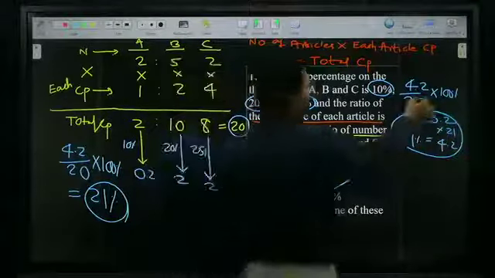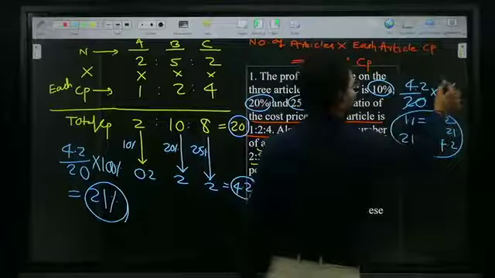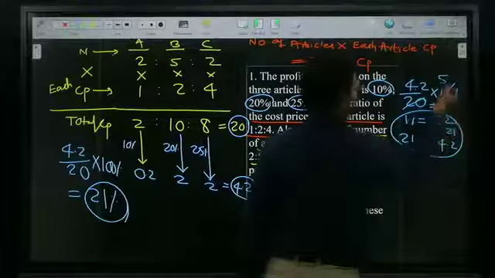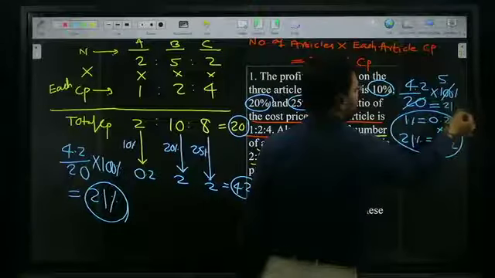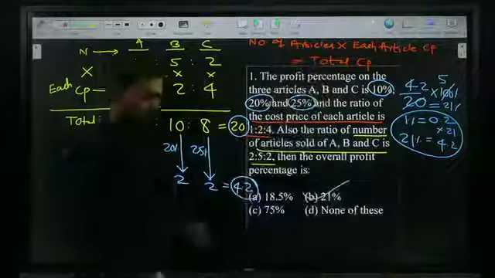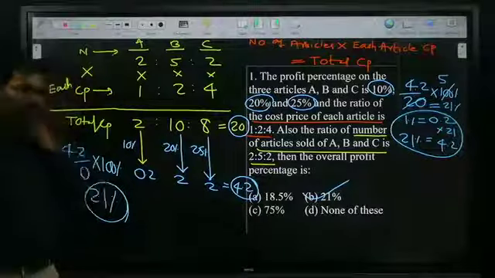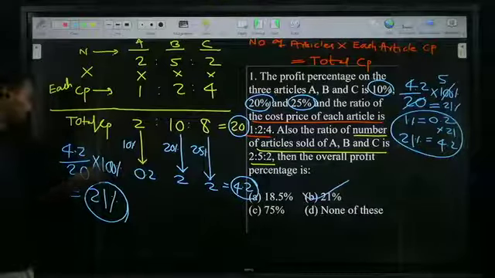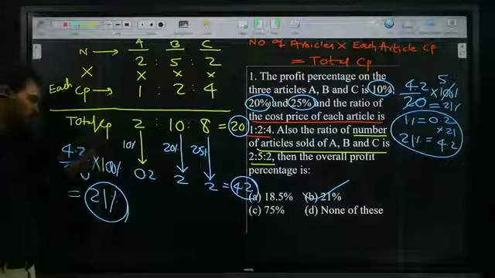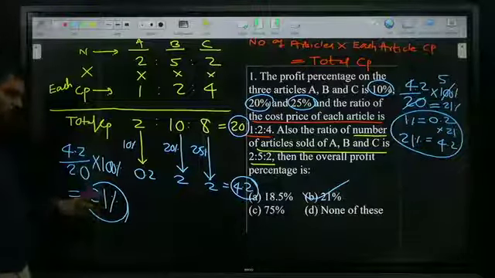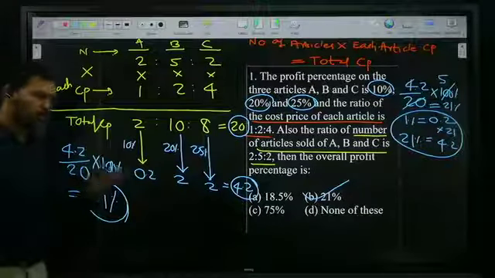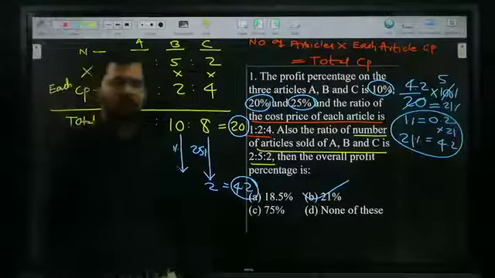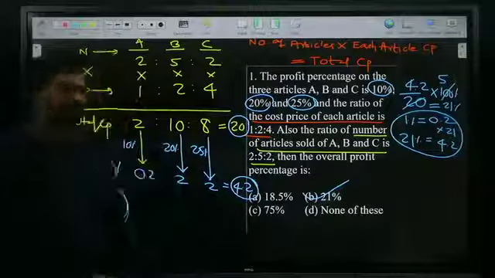Otherwise, 4.2 divided by 20 into 100, 5 into 4.2, 21. Simply, 1% is nothing but 0.2, so 4.2 is nothing but 21%.